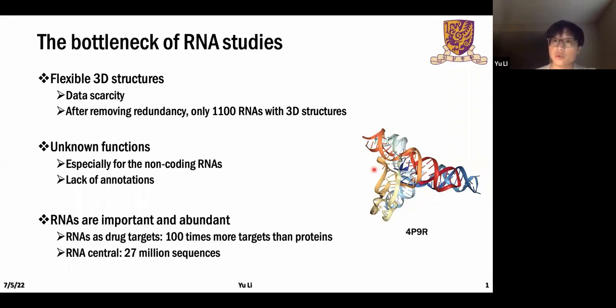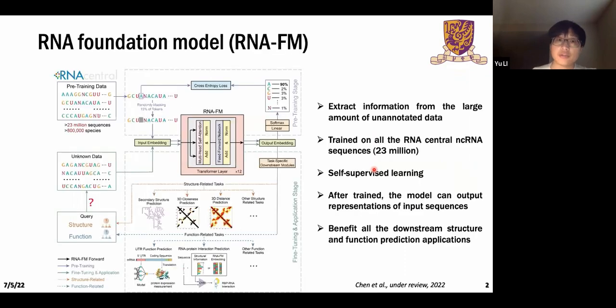Here, we propose a model which can extract information from that large amount of unannotated data. It's called the RNA Foundation Model. We train the model on all the RNAcentral non-coding RNA sequences. After removing the redundancy, we have around 23 million sequences, and we use a self-supervised learning method to train the model.